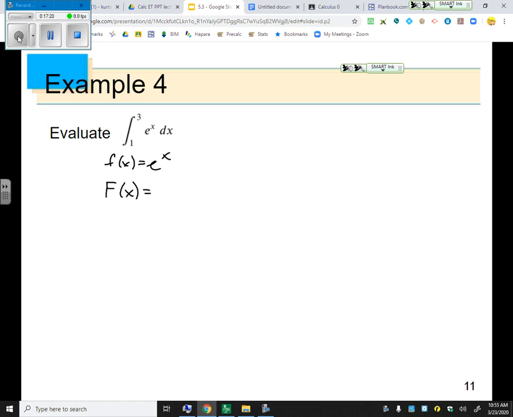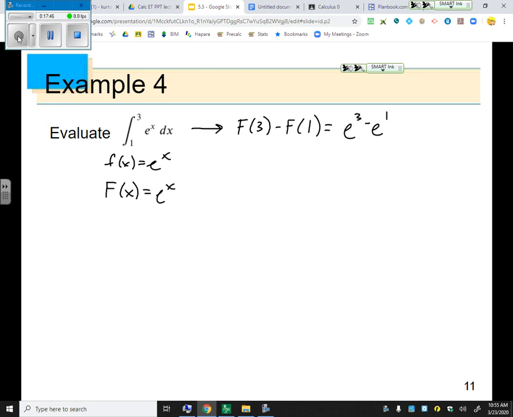So what am I taking the derivative of in order to get e to the x? This one's a pretty basic one. I'm taking the derivative of e to the x in order to get e to the x. So in order to figure this out, all I have to do is plug in 3 into my antiderivative and plug in 1 into my antiderivative.